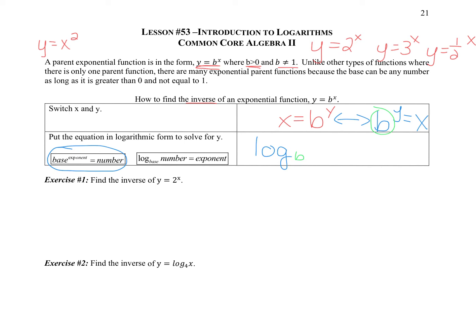Then I take the number, or what it's equal to, and I put it next to it, okay? Noticing that these two are on the same level and the base is lower, so x is not like an exponent. And then whatever was the exponent, in this case the y, becomes the answer. And now, by kind of remixing the equation, we have the equation solved for y. So the way we read it is log base b of x equals y.